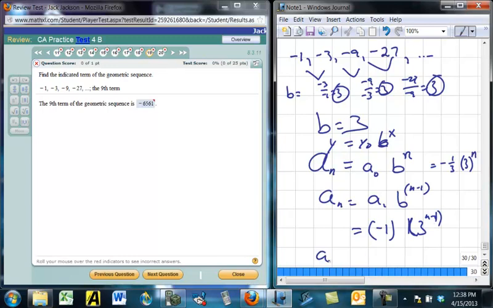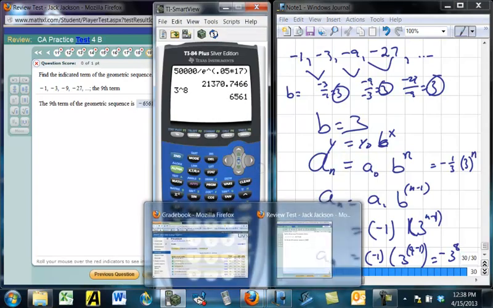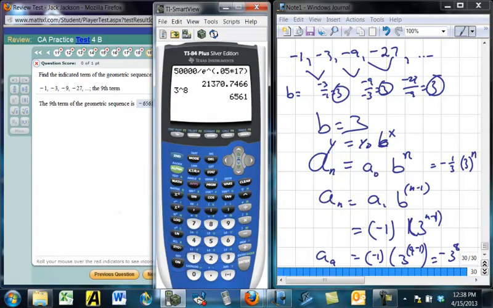So if we want to find the 9th term, it's negative 1 times 3 to the 9 minus 1, which is 8. So it's negative 3 to the 8th. Alright, well, let's see what's 3 to the 8th. 6,561, but it's negative.